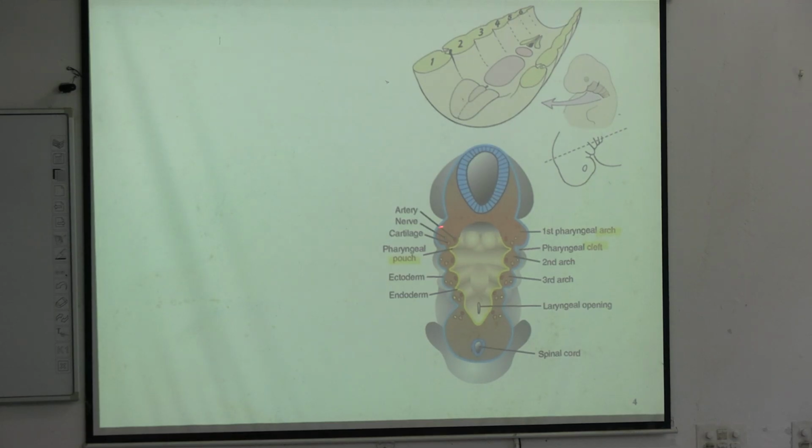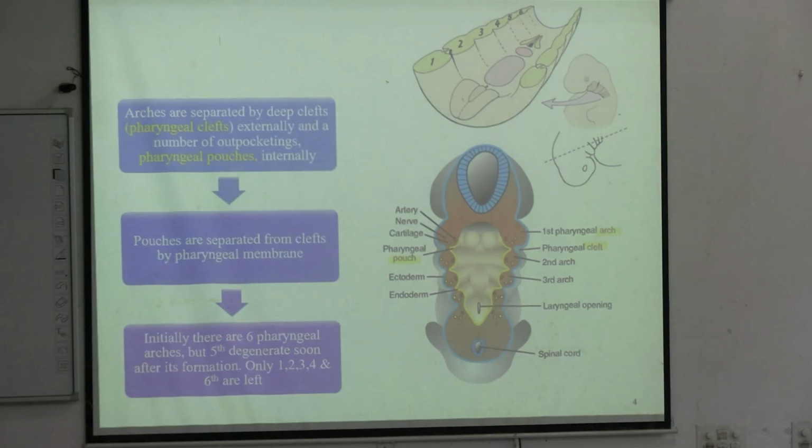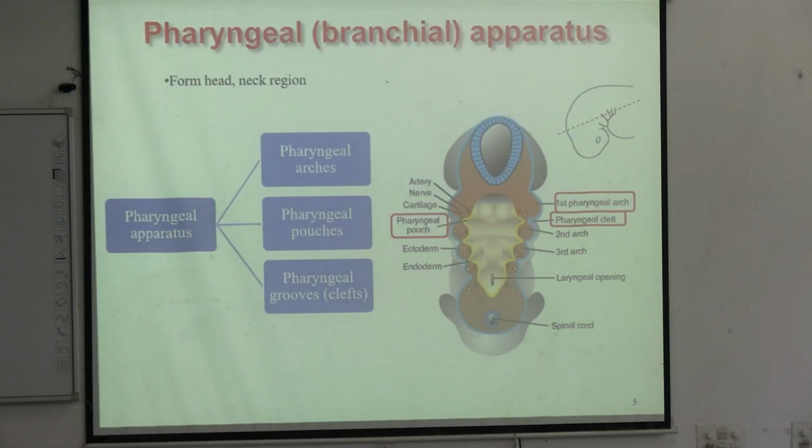But anyway, coming back to this, we have the arteries and nerves coming in here, and they are going to feed each of these arches in this region, and whatever structures are coming over here will be produced from there. So this is what we are familiar with. Now this is what we have learned here.